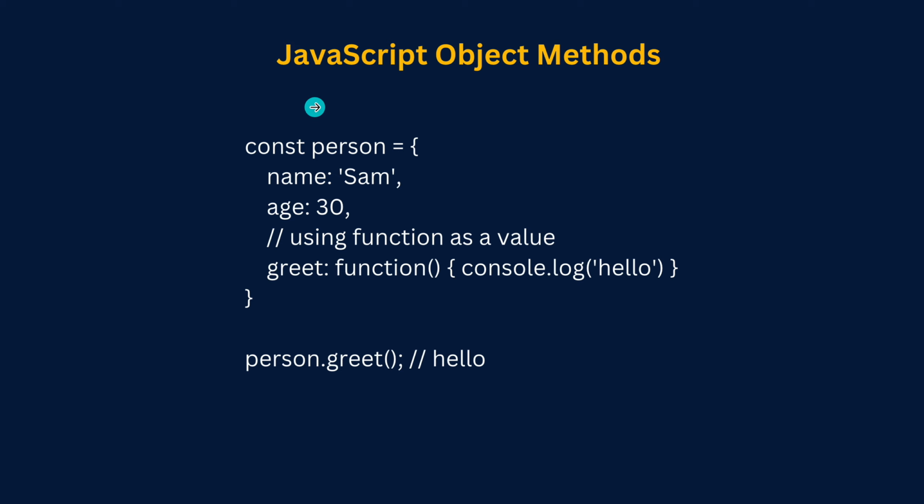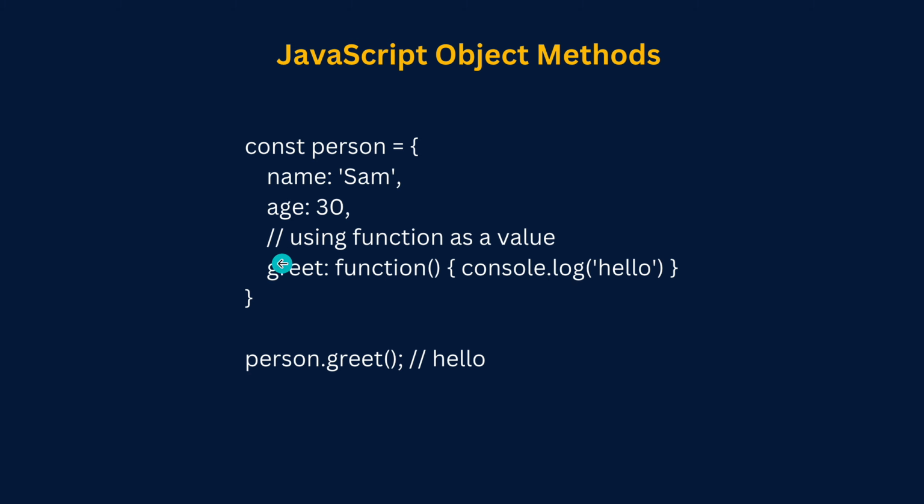You can even write methods in objects. Like here, const person, name key, value Sam, age 30. Here there is a function greet, doing something. You see? Within an object, a function is there and it is doing something. Then how can you call the function?